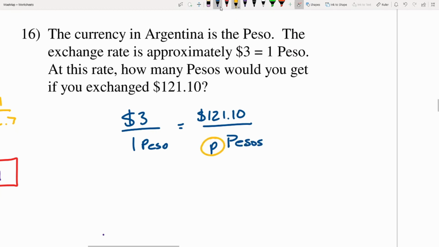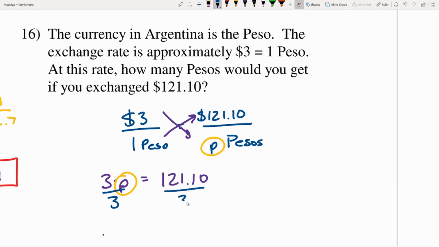And again, I'm going to do this by cross multiplying. So 3 times P is going to give me 1 times 121.10, which is 121.10. In order to solve for P, because that's how many pesos I need to find, I'm going to divide both sides by 3.